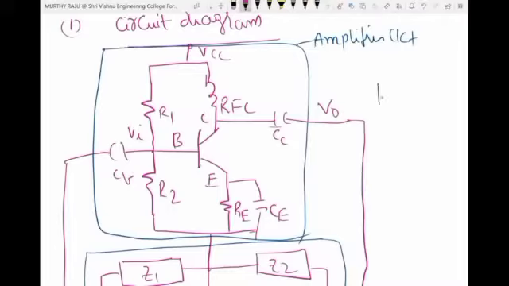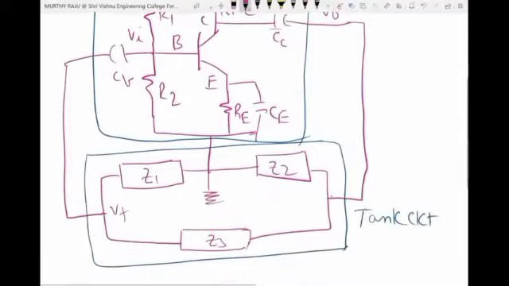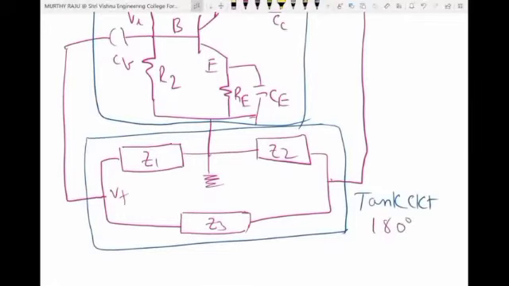The amplifier circuit introduces 180-degree phase shift, and tank circuit introduces 180-degree phase shift.